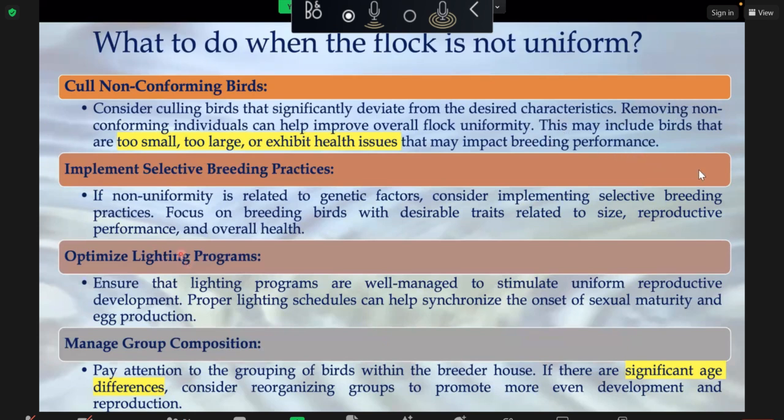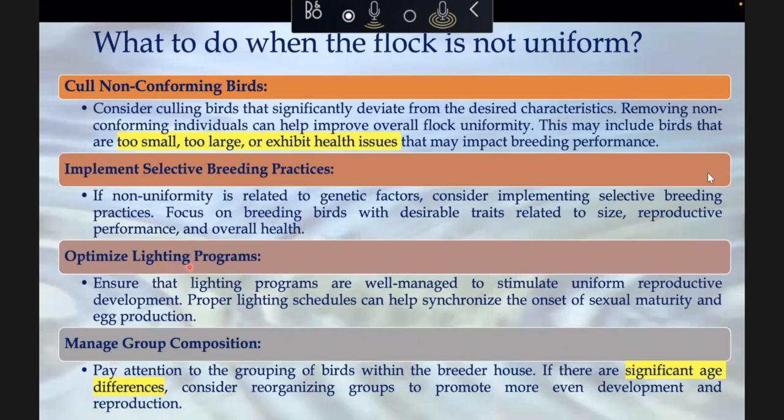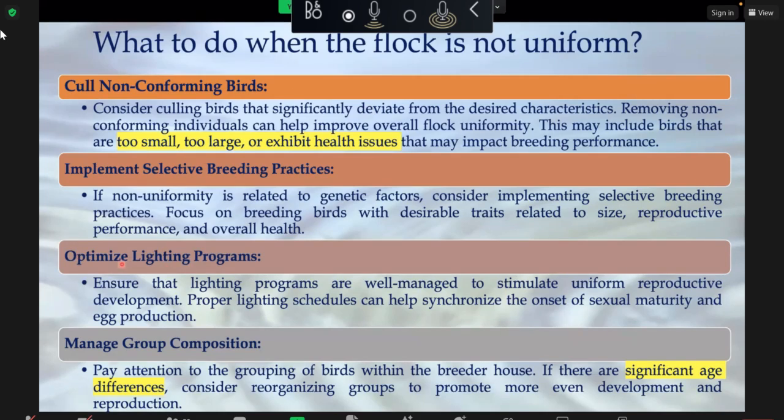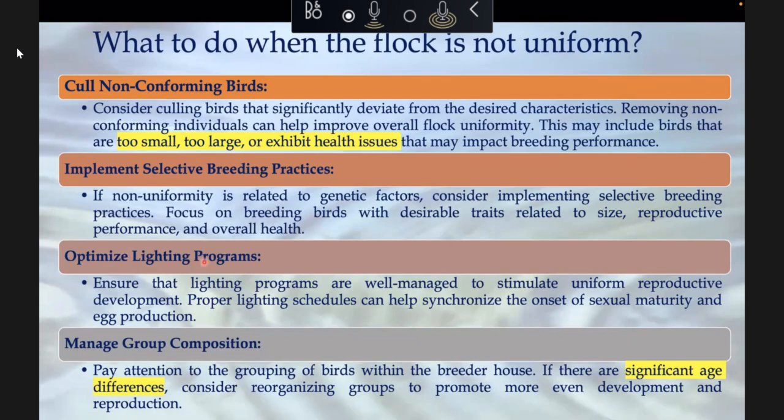So for laying birds, if there is any problem with the lighting program, we have to optimize them so that the birds start to lay at the predefined age, or according to the manual of the breed.